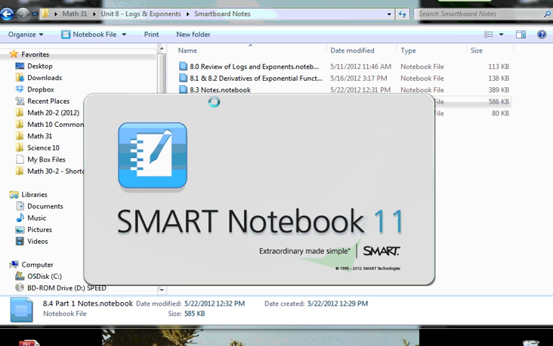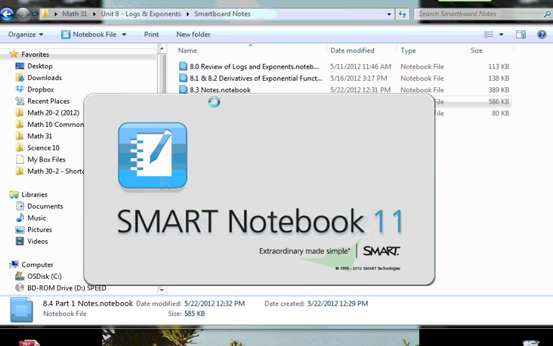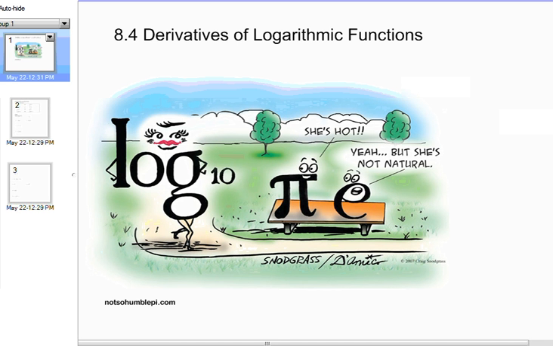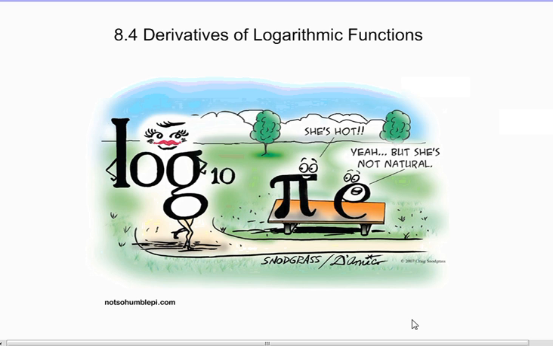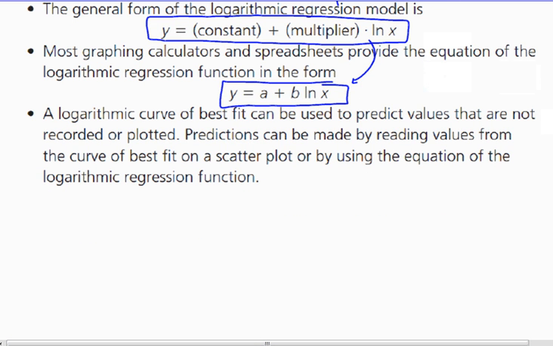I feel like my computer's getting slower again. Okay, so here's the other one. So she's hot, yeah, but she's not natural. Anyways, that was funny. That is a good one.